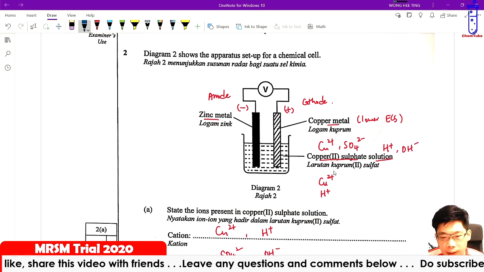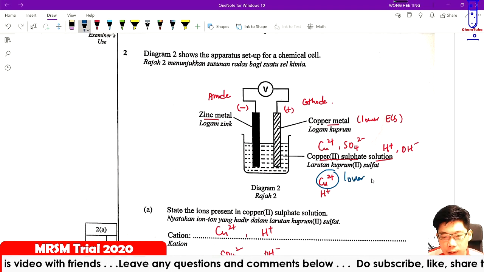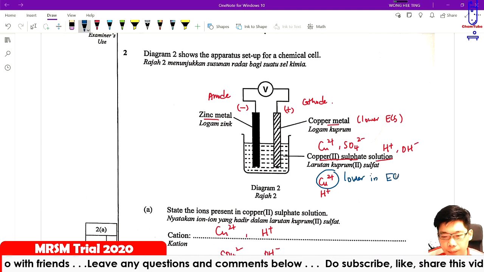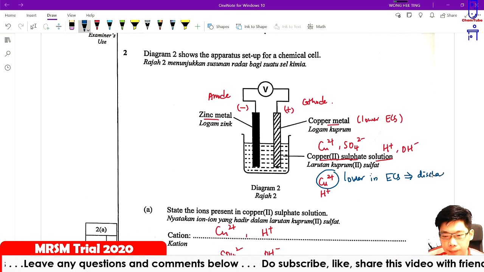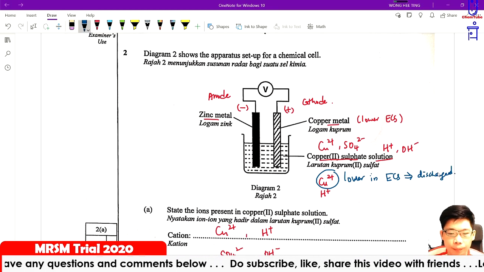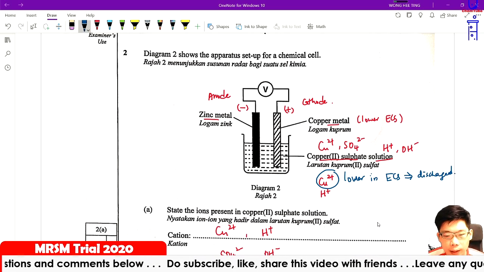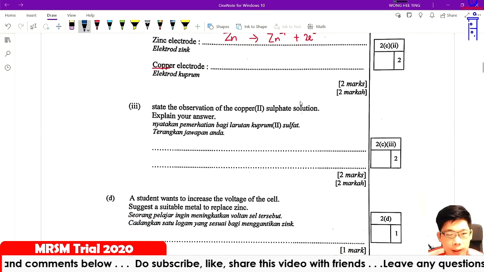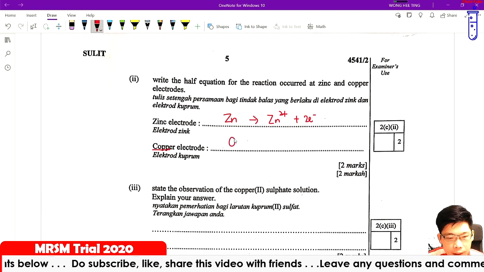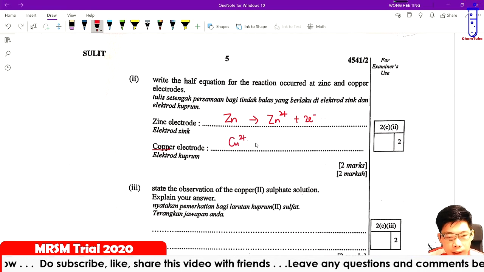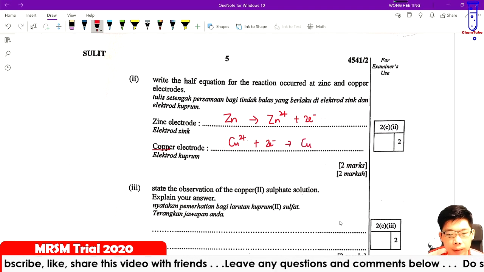We found that copper is lower in the ECS, so it will be discharged at the cathode, at the copper electrode. So the half equation will be copper ions gain 2 electrons, forming copper metal.